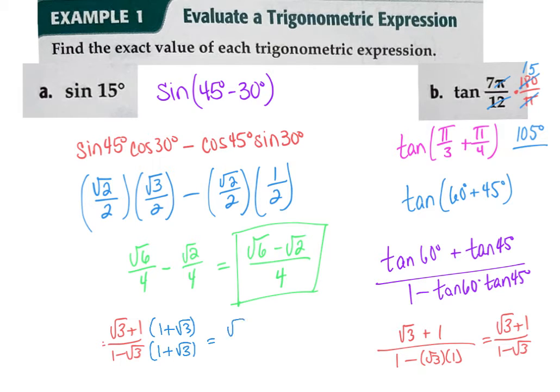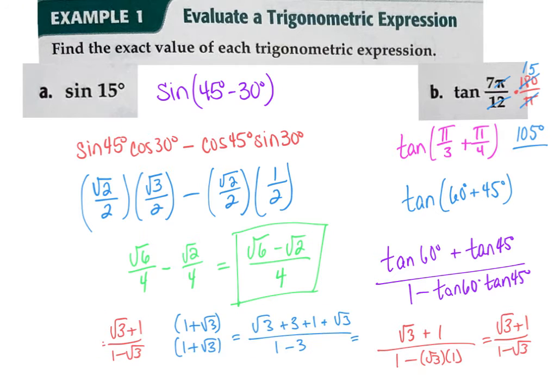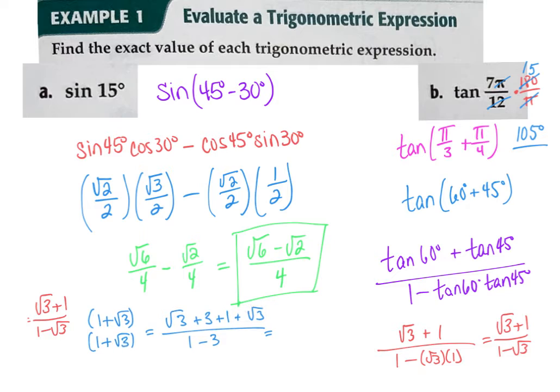We're going to get the square root of 3 plus 3 plus 1 plus the square root of 3. 1 minus 3 on bottom. So you end up with, I'm going to scoot this over a little bit. Simplifying it, you end up with 4 plus 2 square root of 3 over negative 2. So you end up with negative 2 minus 1 square root of 3.